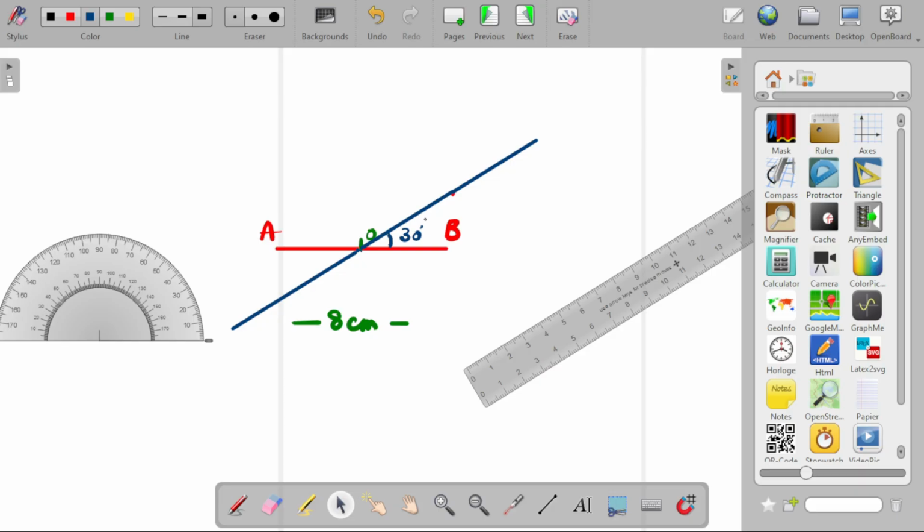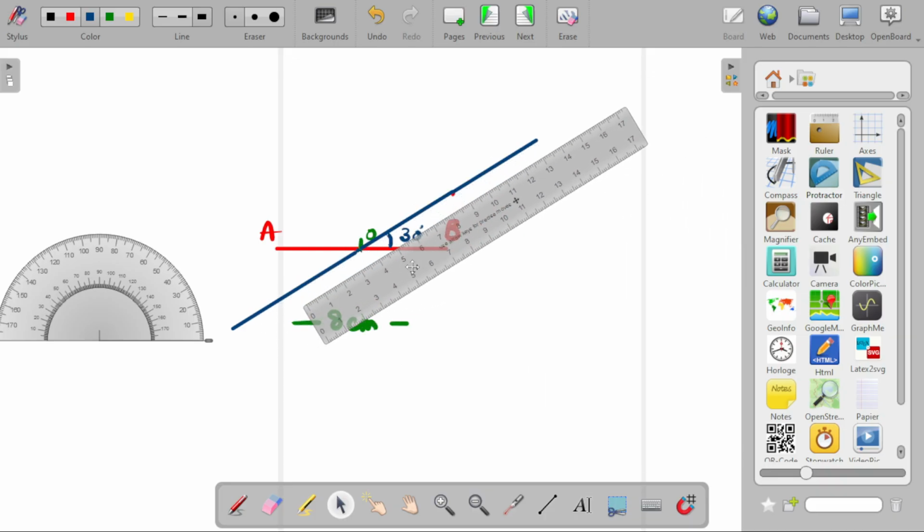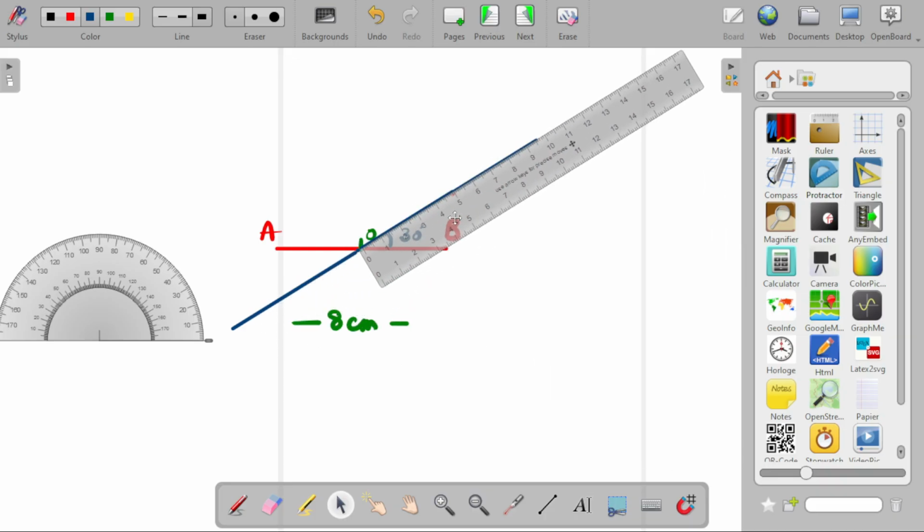Now, you need to mark 2 points on this line, which are 4 centimeters each. So let's mark a point from O at 4 centimeters. That means this point, and the point below, which is also 4 centimeters, is this point.